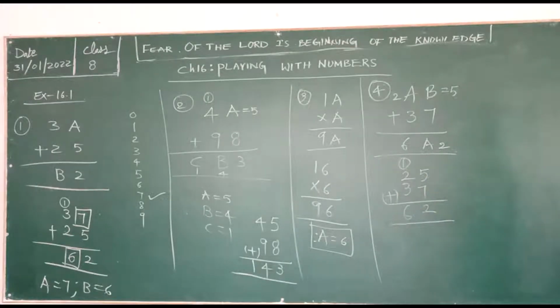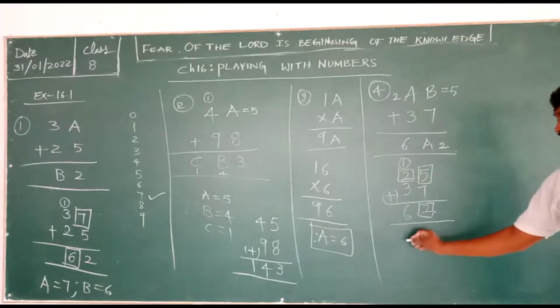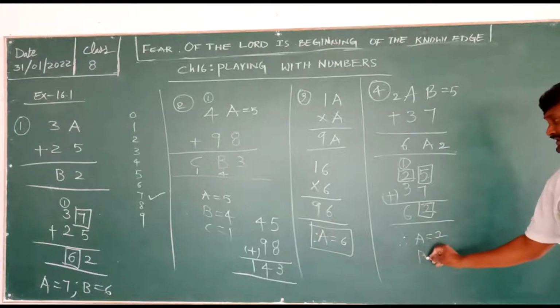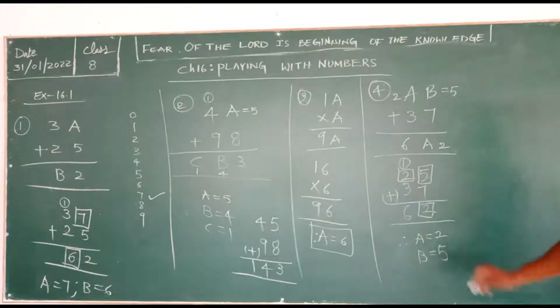You are going to get it or not? So now check here, this and this is same or not? Yes, it is same. So at last, A is equal to 2, B is equal to 5.